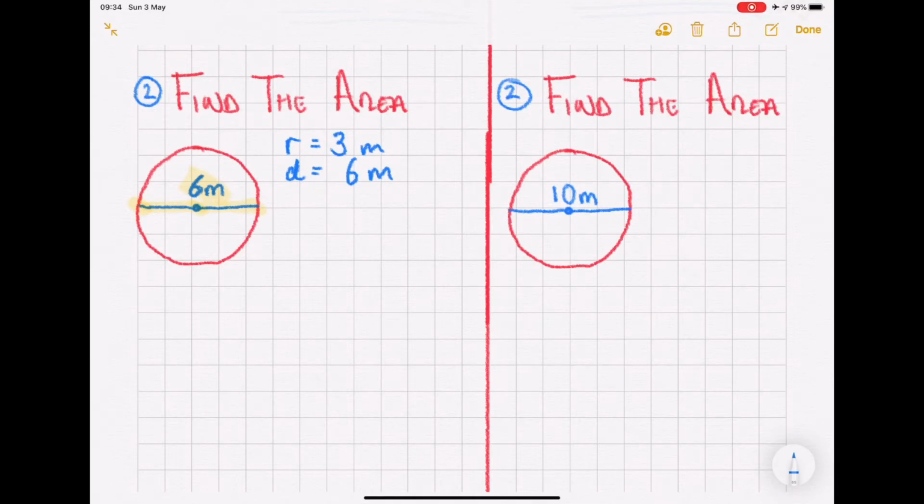Okay? Now we're finding the area, so we write down our area formula. So area equals pi times by r squared. Now our next step is to substitute in our r value.